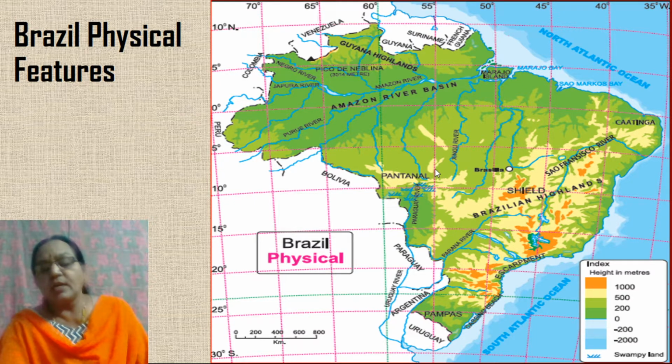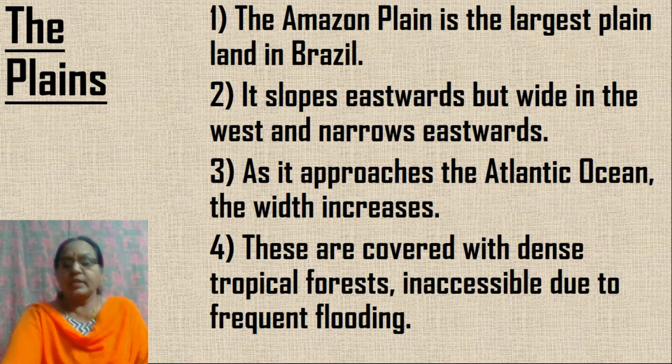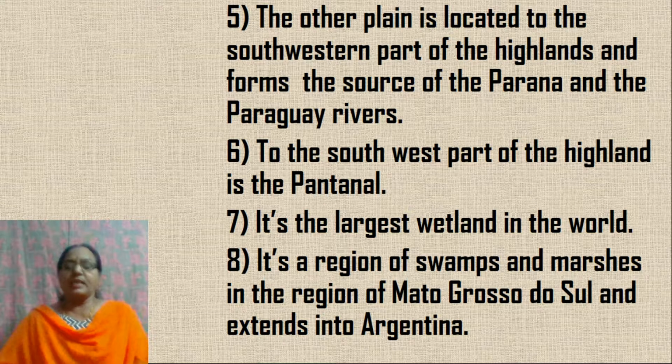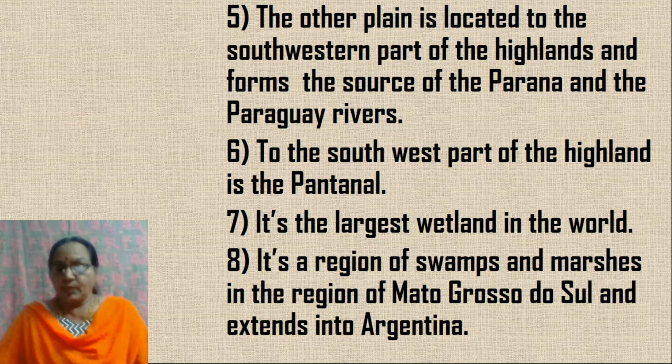We have the largest swampland, or wetland, in the world, which is known as the Pantanal. Now, the Pantanal is the largest wetland in the world, and it's very rich in its flora and fauna. Then there's a region of swamps and marshes in Mato Grosso do Sul, and this extends even into Argentina.